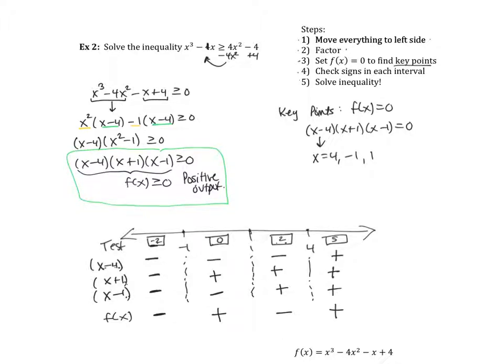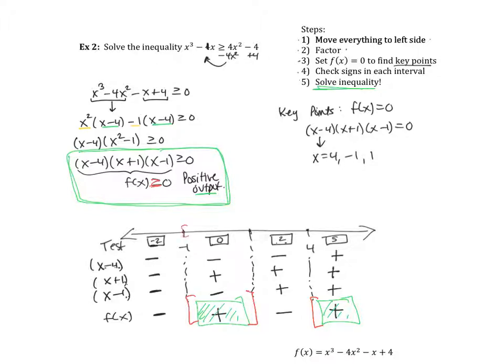And now to answer my final question, I'm going to put it all together right in here and solve that inequality. When is the output positive? Well, right here and right here. Those are the positive intervals, and then because I have this equal sign there as well, I can include the places where it's actually equal to 0.